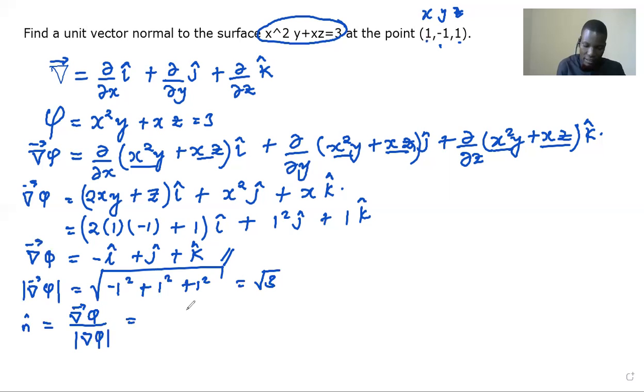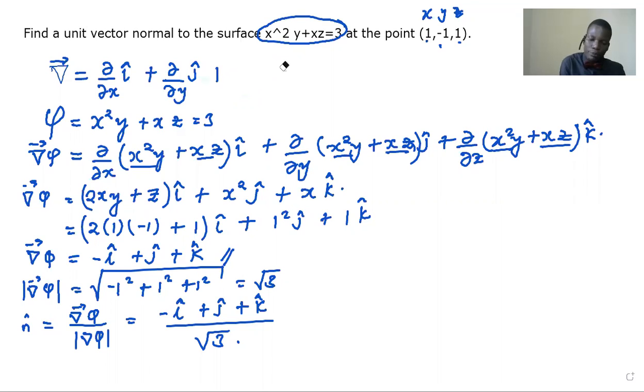The vector is -i plus j plus k, and then we divide by the magnitude √3. So this unit vector is going to be 1/√3 times (-i plus j plus k).